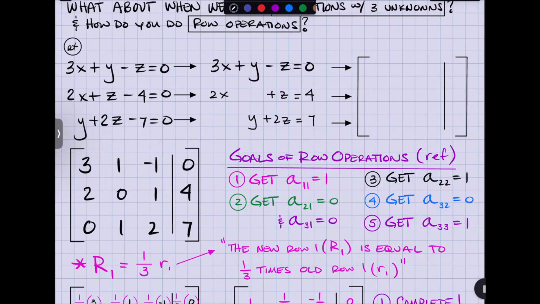Now we got to put it into the matrices. So it's going to be 3, 1, negative 1, 0. 2, 0, 1, 4. 0, 1, 2, 7.